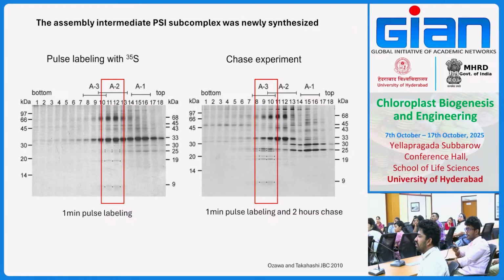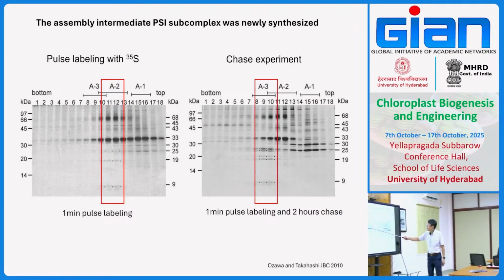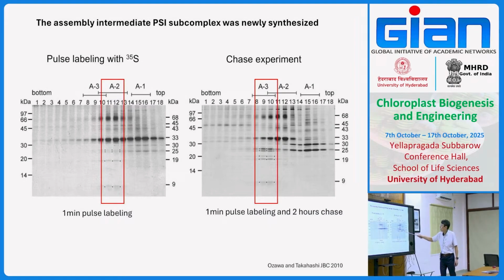Okay. That's a good question. Of course, if you compare the PS1 and the PS2 labeling, it's not exactly the same, but it's comparable. But obviously, LHC proteins increase, right? This is the protein in the isolated thylakoid membrane, not whole cell proteins. So we are looking at the labeled protein integrated into the thylakoid membrane.